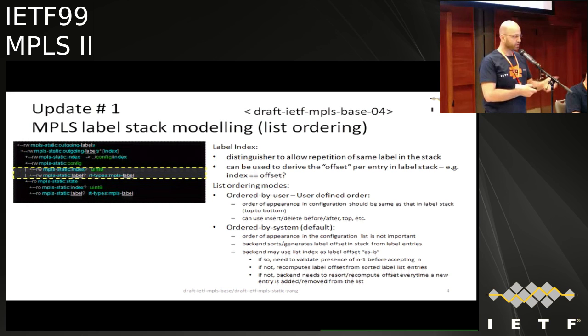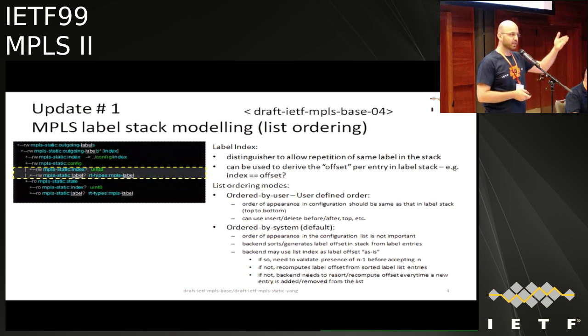If we go with this approach, then we can always insert after or before an item, or even remove after and before. If we use a system ordered list, then the system can choose any ordering that it sees fit. The order of configuring the labels is not of importance. They can sort using the index.